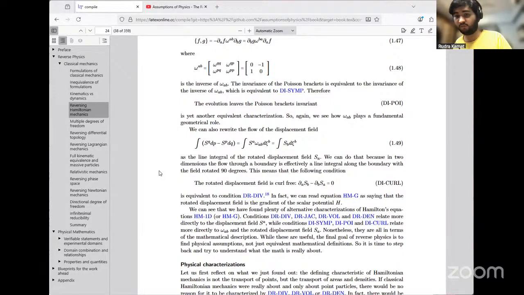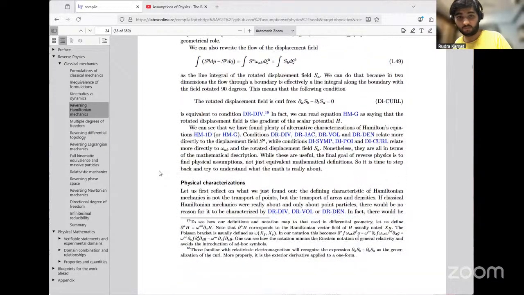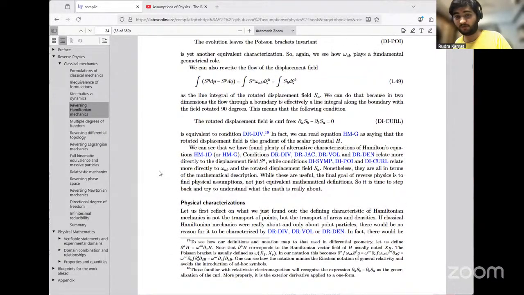This means that the condition that the rotated displacement field is curl-free, partial A S B minus partial B S A equals 0, is equivalent to the previous condition. The footnote says those familiar with relativistic electromagnetism will recognize the expression partial A S B minus partial B S A as the generalization of the curl. More precisely, it is the exterior derivative applied to a one form.